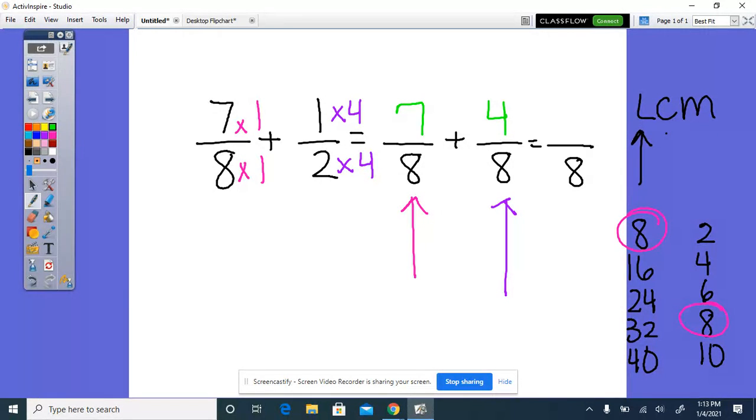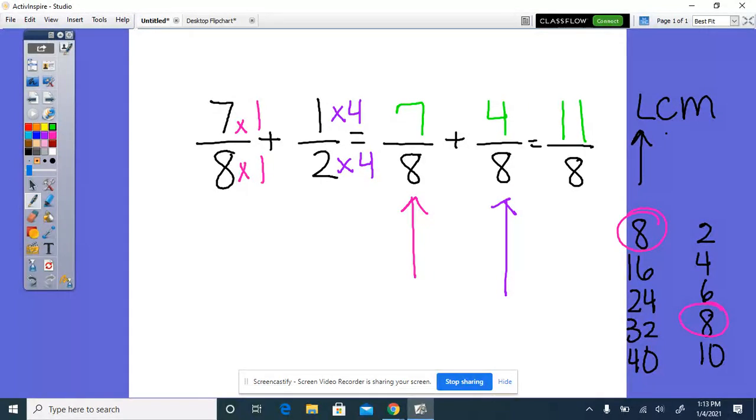Now we're adding apples to apples versus before when they did not have a common denominator. That's like trying to add apples to oranges. We need it to be adding the same denominator to the same denominator, okay? So 7 plus 4 is 11. We are not finished yet, okay? What is the problem with the fraction that's at the very end of this problem? 11/8. Is that in simplest form?